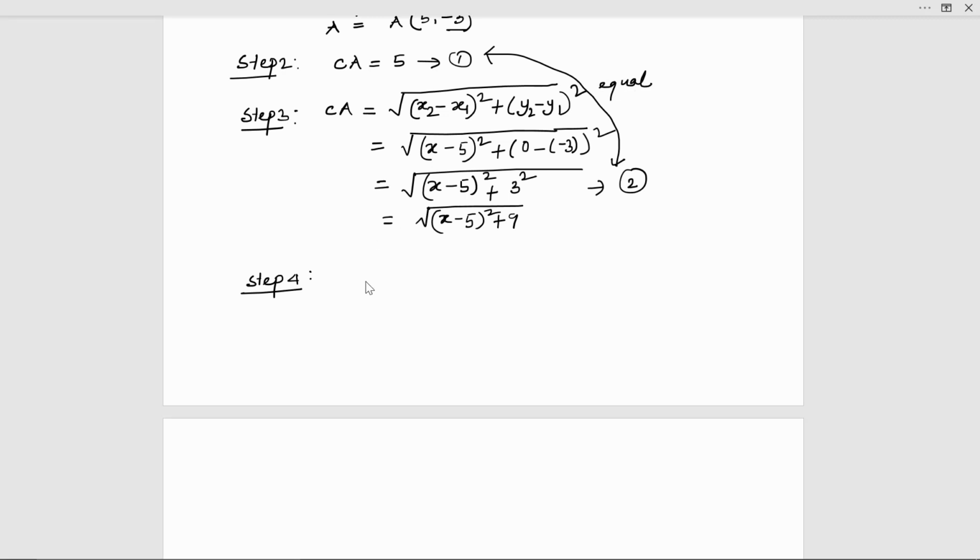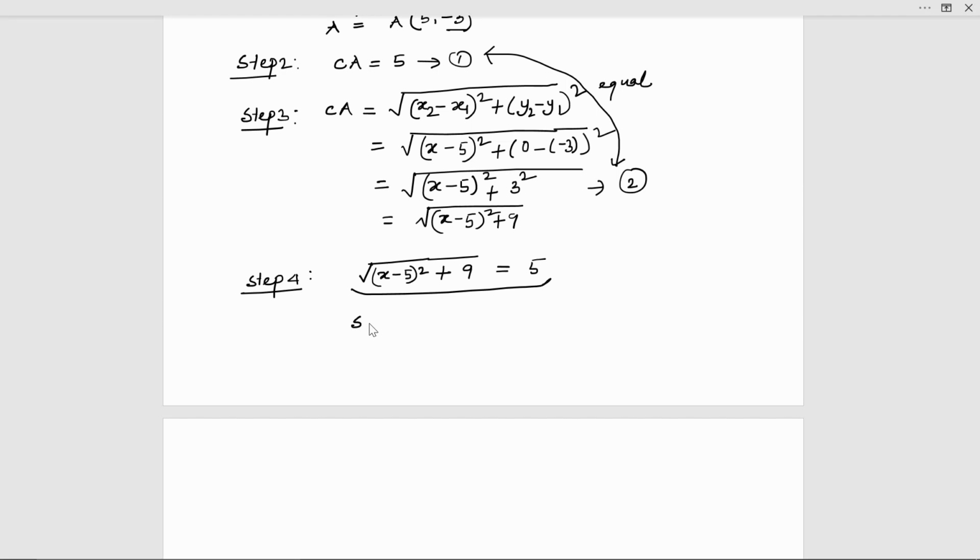Therefore, we form the equation plus 9 equal to 5. Now once we form the equation, it will be easy for us to solve it.